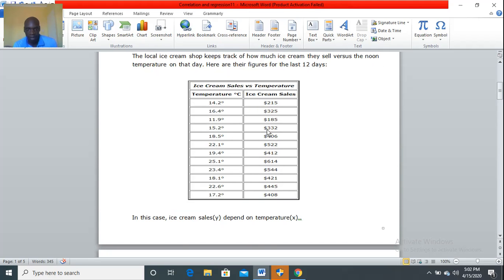Before I do a scatter plot, I'm going to look at the ice cream and temperature relationship. We know that there is a relationship. The sales of ice cream normally depend on the temperature, so temperature affects ice cream sales.